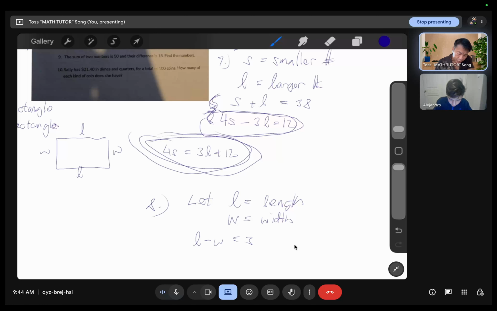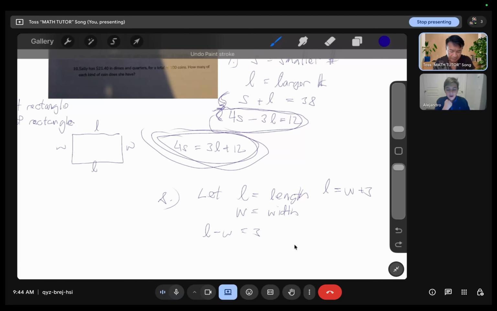Once again, your teacher may be teaching you L equals W plus 3. I'm not kidding. So again, I don't see the word "exceeds." I don't know why. I'm sorry, all these years, I still don't see the word "exceeds." But I understand it. I do understand it. But you have a choice whether you do this or that. So I'm just going to keep it there just in case.